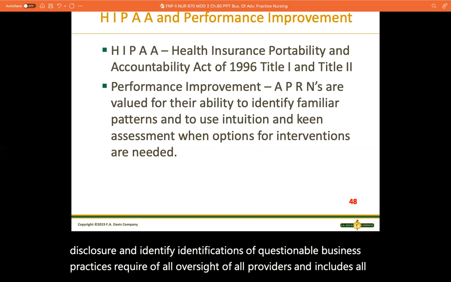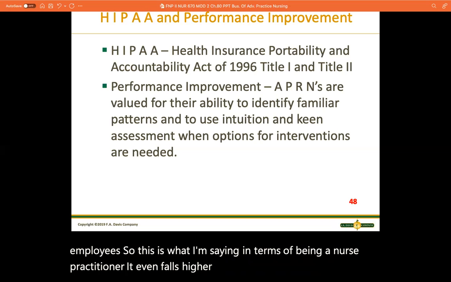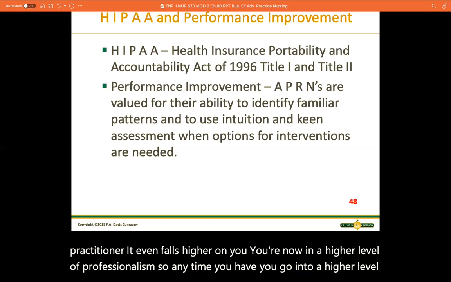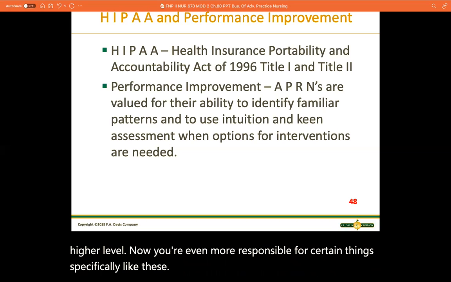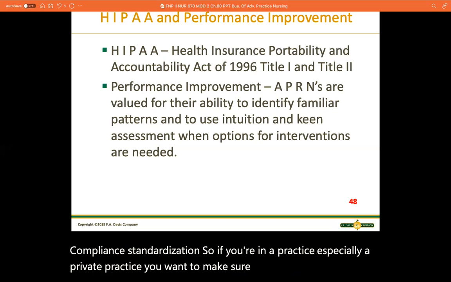So this is what I'm saying in terms of being a nurse practitioner. It even falls higher on you. You're now at a higher level of professionalism. So anytime you go into a higher level, now you're even more responsible for certain things, specifically like these compliance standardization. So if you're in a practice, especially a private practice, you want to make sure all of these little programs are in place.